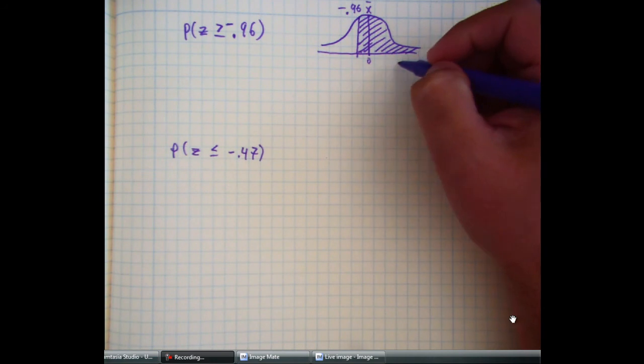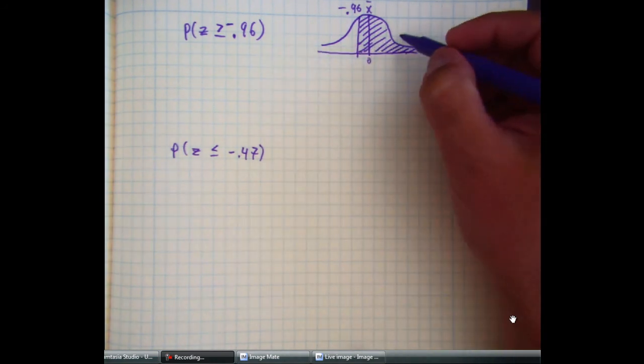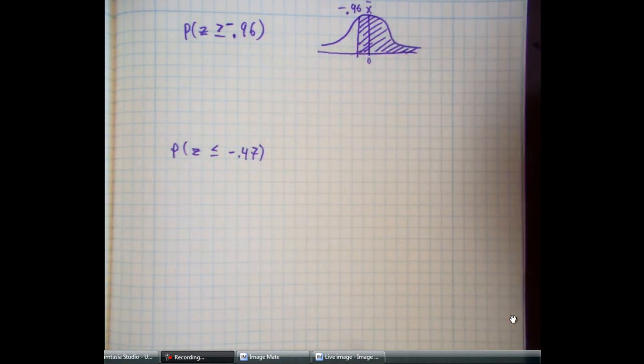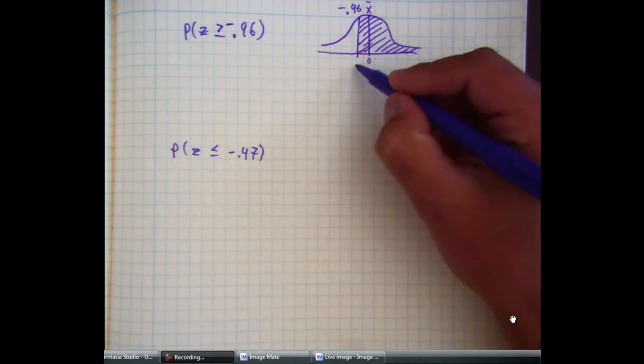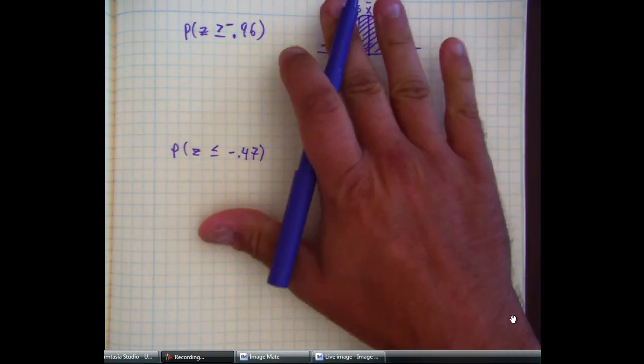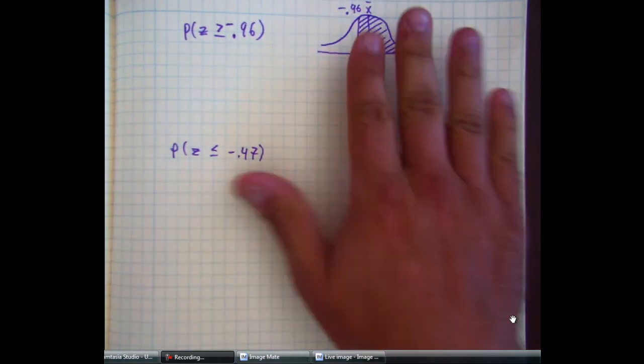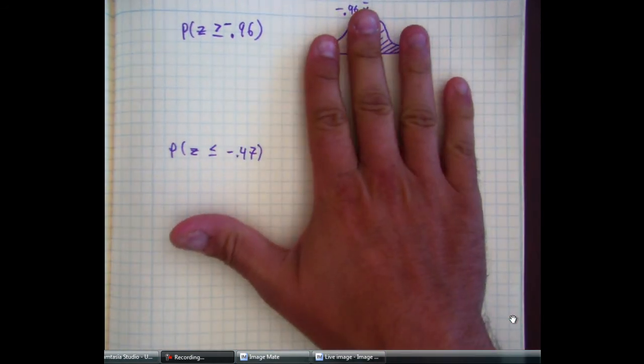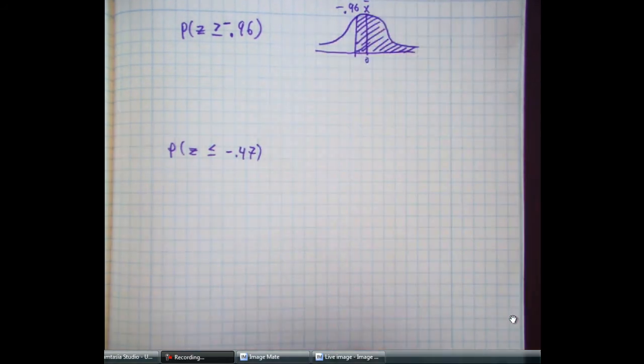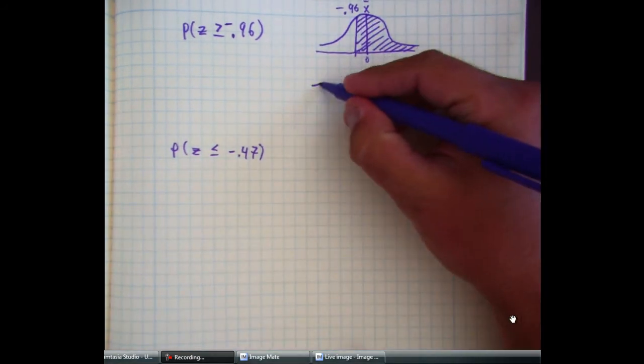The way that we're going to do this one is, the normal curve is symmetrical. So if you can imagine that I'm going to rotate this whole thing around. Okay, if my hand was the normal curve, if we rotated it around, what would it look like?